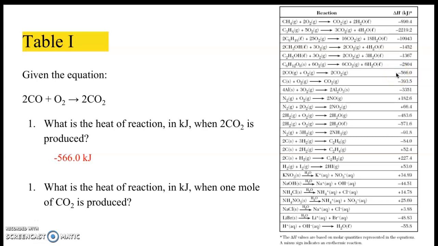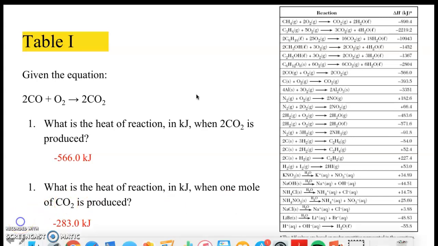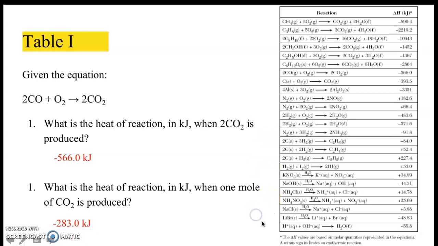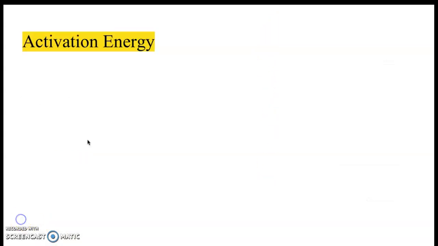If only 1 mole is produced, we have to cut that in half, and it would be negative 283 kilojoules. These are pretty much the only types of questions that show up from table I. I do think it's super useful that down here it tells you that a delta H value that's negative is exothermic, but keep in mind that you have this information available to you.